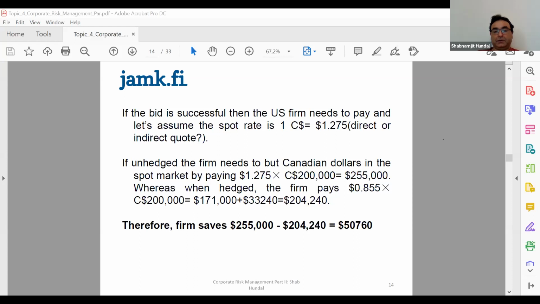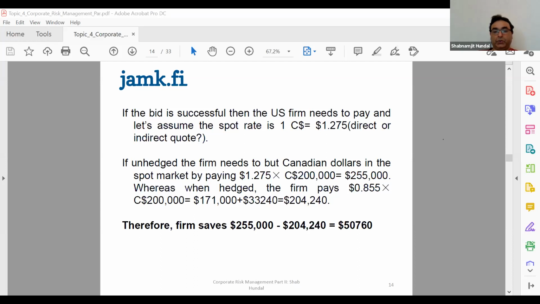Because here the strike price is more and the market price is less, it's better that I don't exercise the option. If I buy it from the broker, then I also have to add 33,240, the premium. So if I use the option, I still have to pay the premium. So it will cost me this plus this.